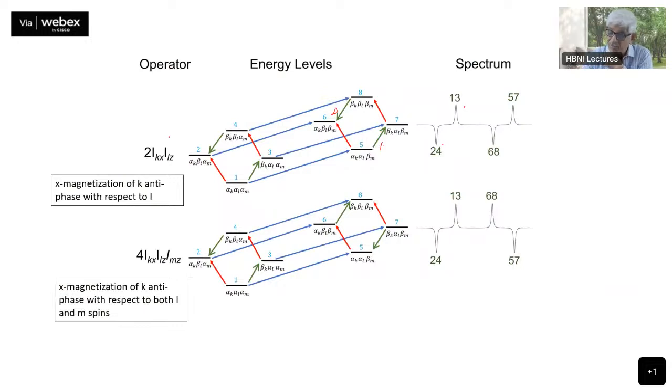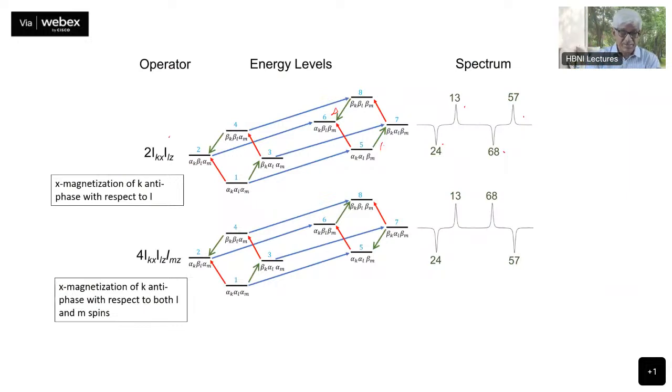And 5-7 will be positive, 6-8 will be negative. So among these four lines, two lines will be positive, two lines will be negative. So 1-3, 2-4 have opposite phase and 5-7, 6-8 have opposite phase. This is the result of a two spin product, and the M spin is not coming into the picture here. It remains the same.